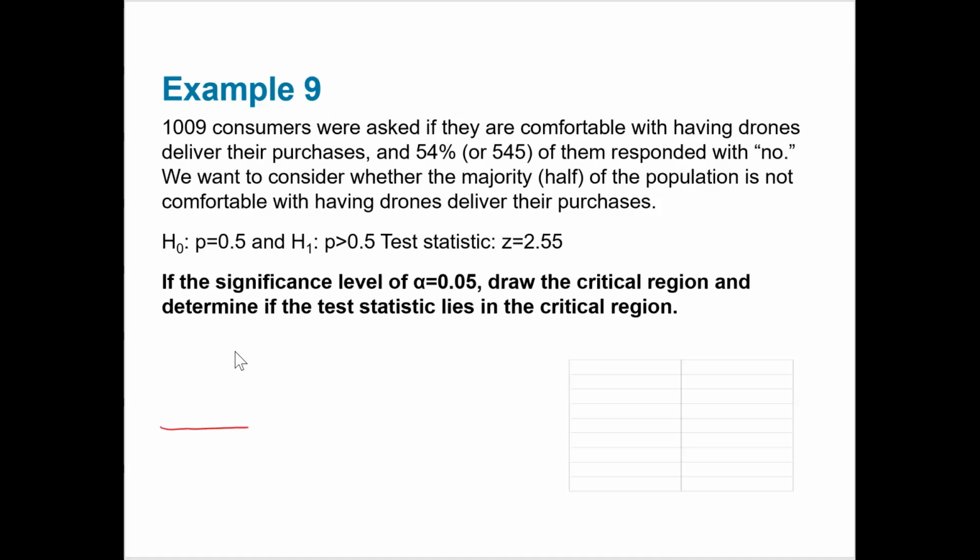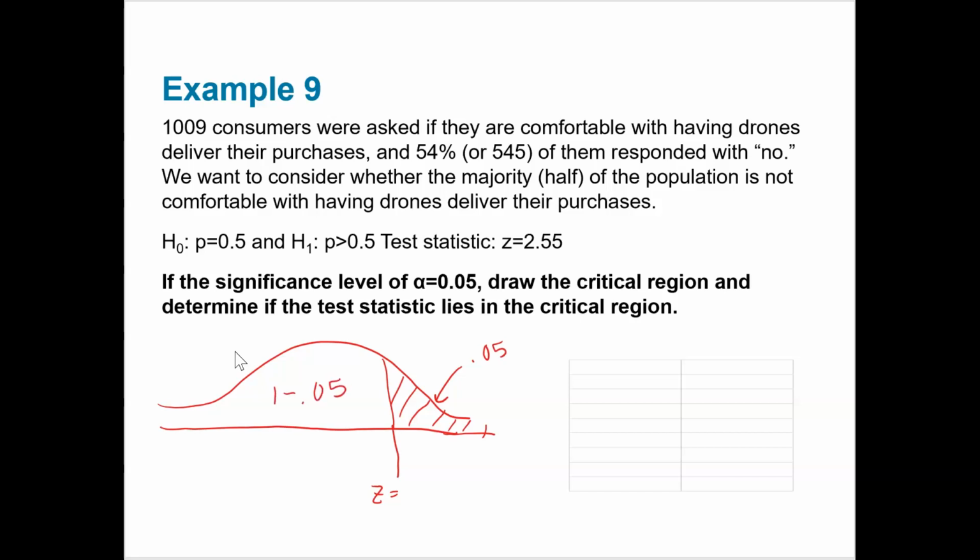So first we would determine if it's left-tailed, right-tailed, or two-tailed. We know that this is a right-tailed, so I'm just going to draw it right here. And we're trying to find our critical value z. So we know that this critical region is our alpha.